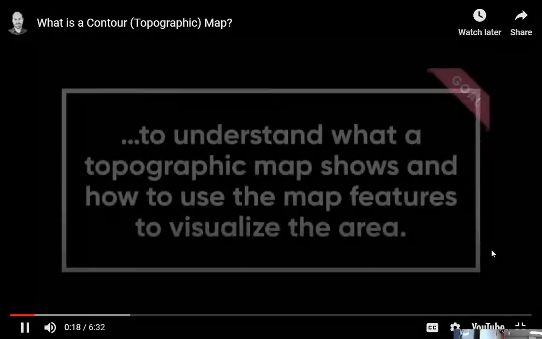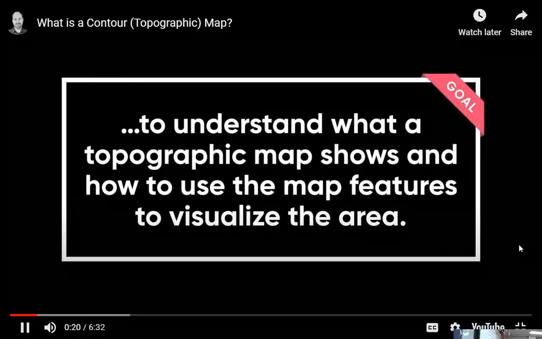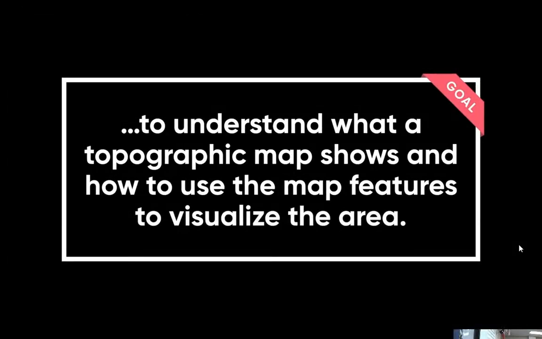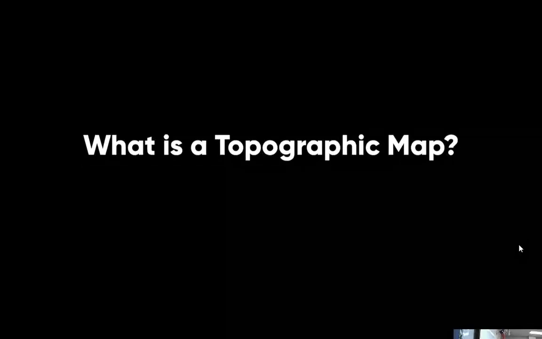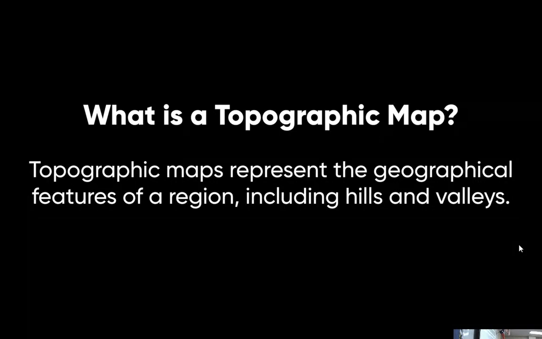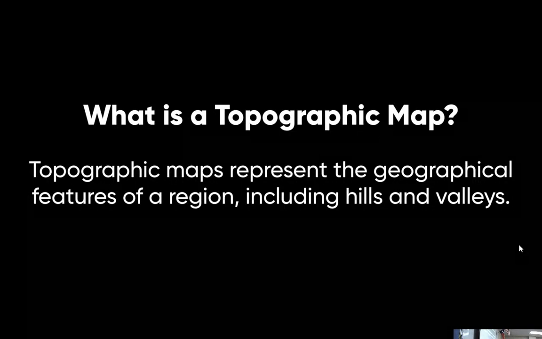Hey there. So the goal of today's video is to better understand what exactly a topographic map is, including what it shows and how to use the different features on the map to help better visualize the area that you're looking at. So let's jump right in. The first question we want to answer is, what exactly is a topographic map? Well, a topographic map represents a region, and it shows all of the geographical features of that region, including three-dimensional features like hills and valleys.